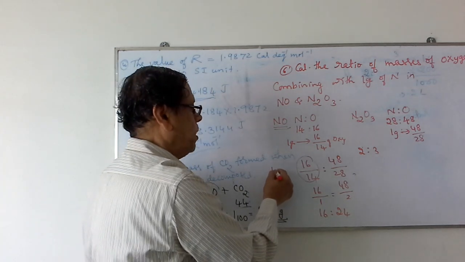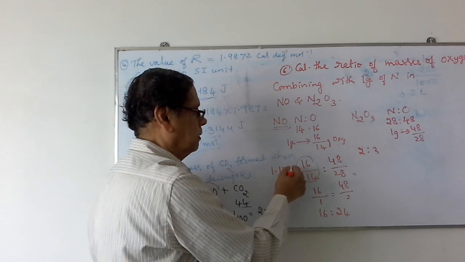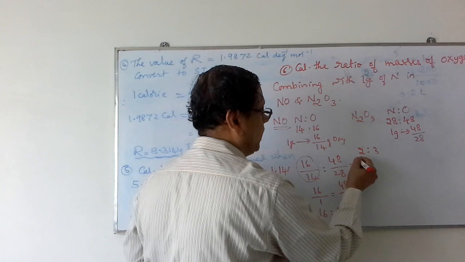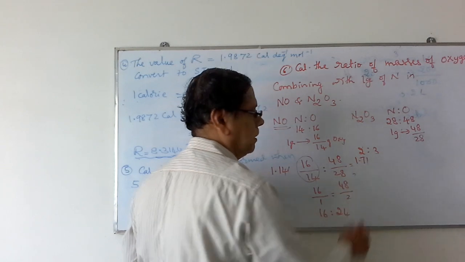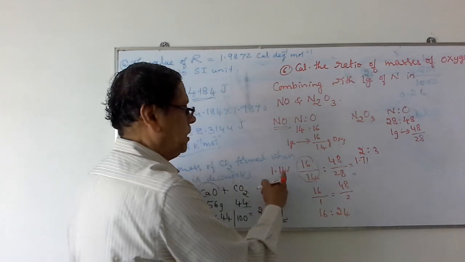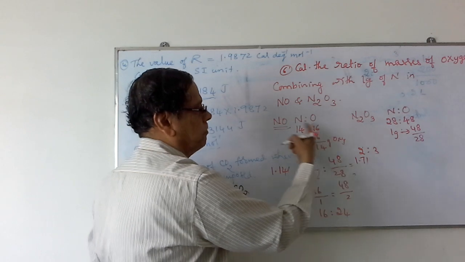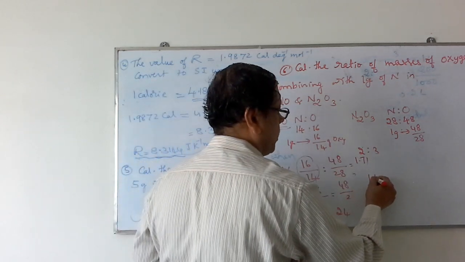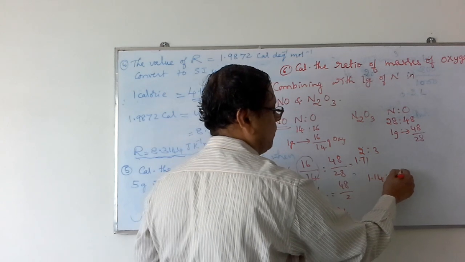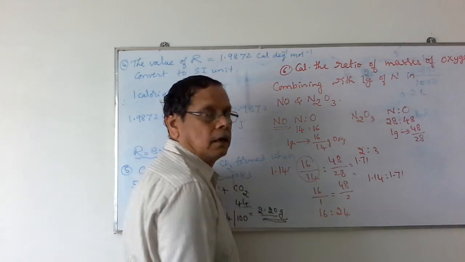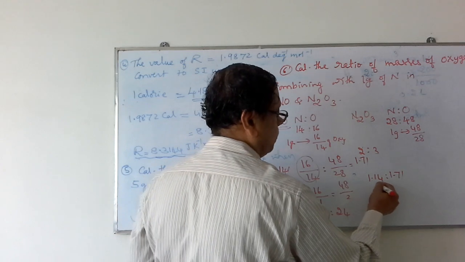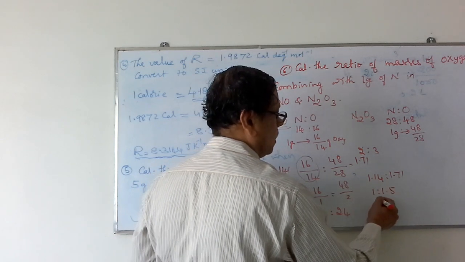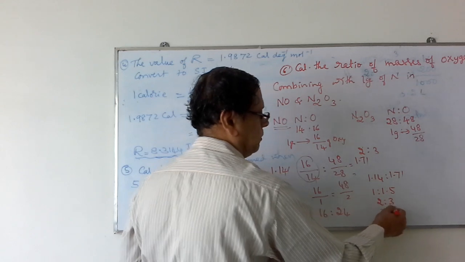This will be 1.14. This 48 divided by 28 will be 1.71. Therefore, the ratio of the oxygen combining with 1 gram of nitrogen in these two compounds will be 1.14 is to 1.71. Or if you divide by 1.14, it will be 1 is to 1.5 or 2 is to 3.